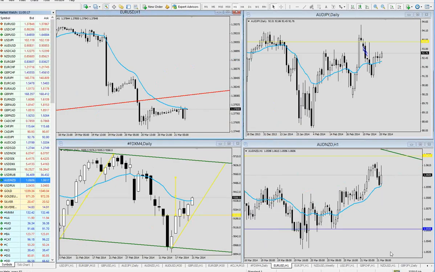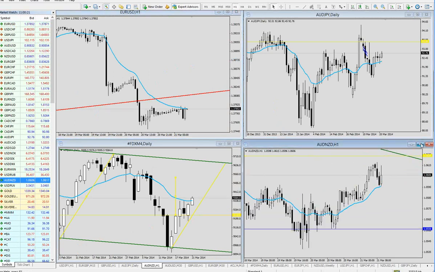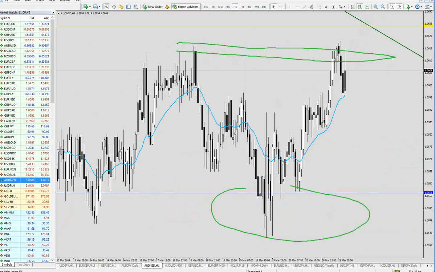Here we go. Okay, so yeah, we have some visible resistance, and we are in a strong downtrend, no doubt about this. So I already explained what to look for, and then eventually go long. I wouldn't go short here on Aussie Kiwi based on this weekly demand zone I've shown you.